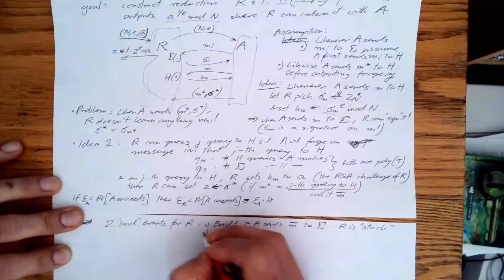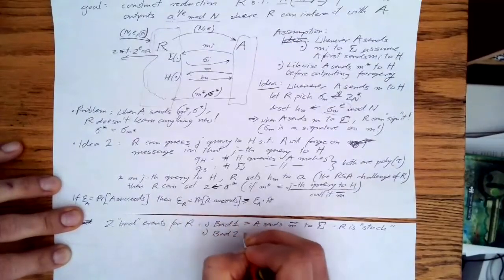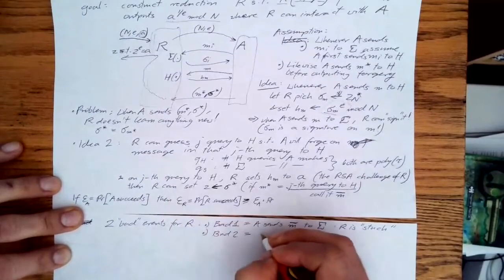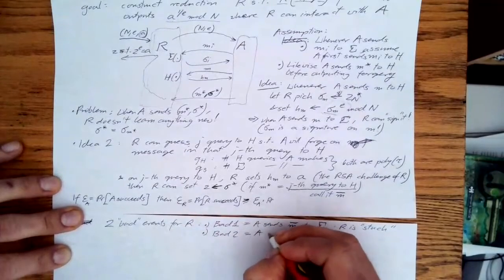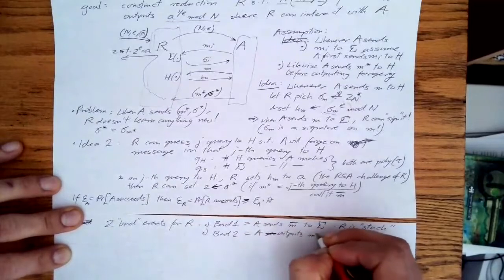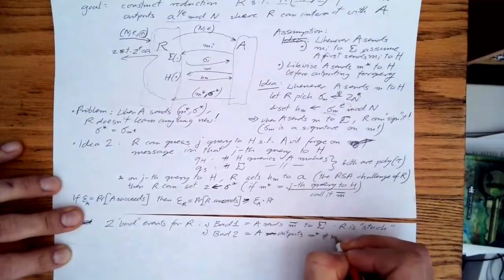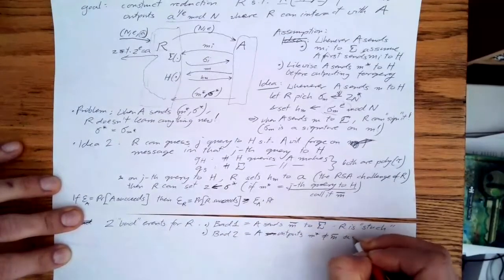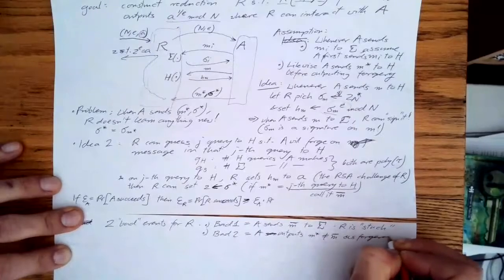And the second bad event is maybe the more obvious one. A outputs M star, which is different from M bar, as forgery, right?